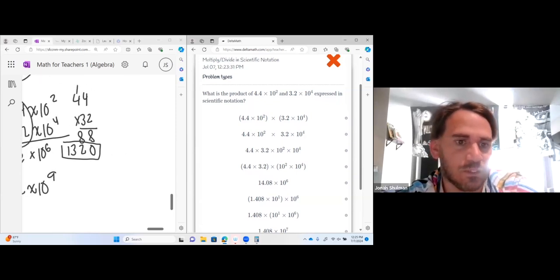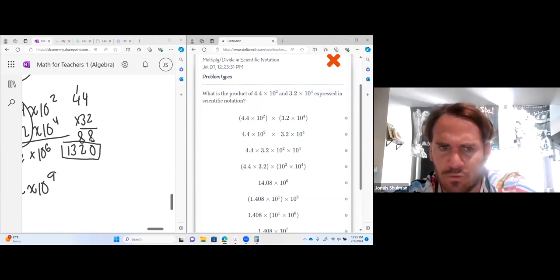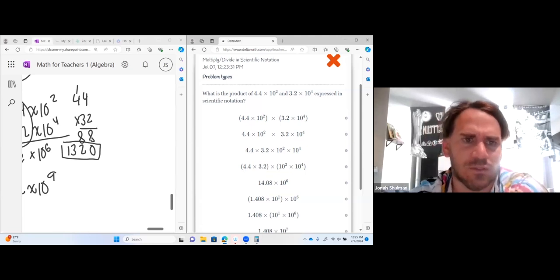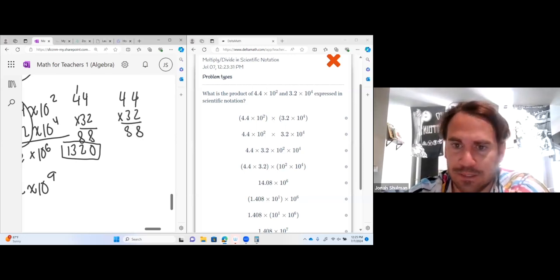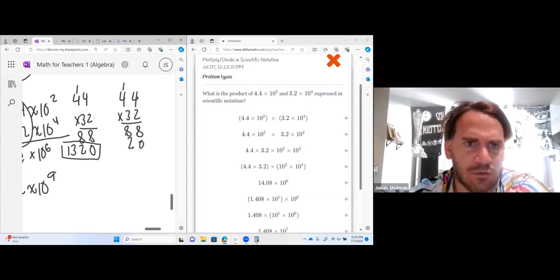So here's my first mistake. 4.4 times 3.2. So let's redo it. So there's 8. That's 0. That's 12. That's 12 plus 1, which is 13. So now I didn't even add these like a fool.